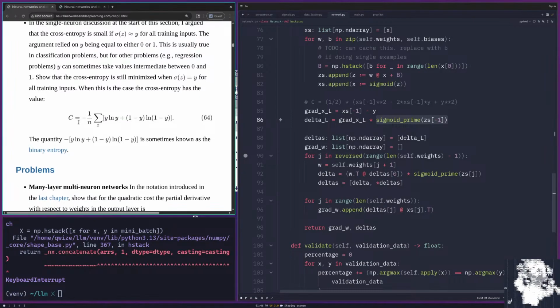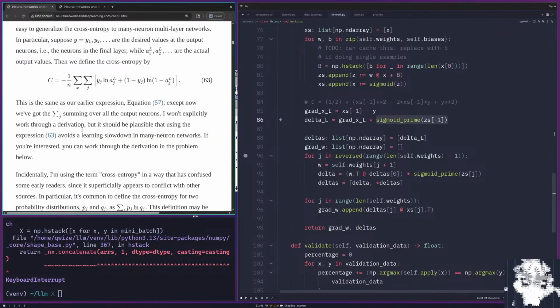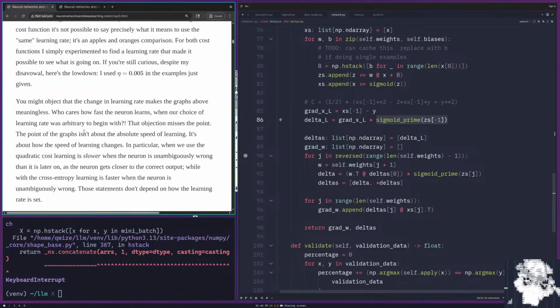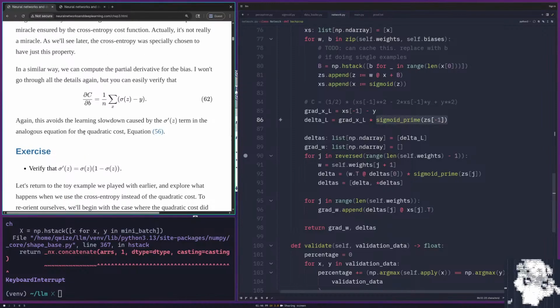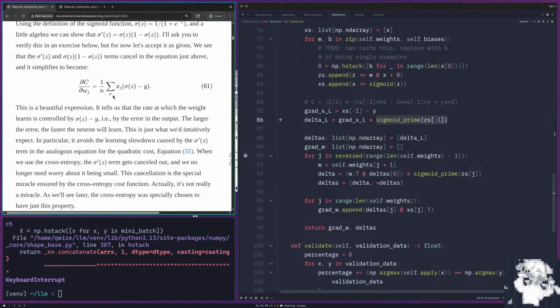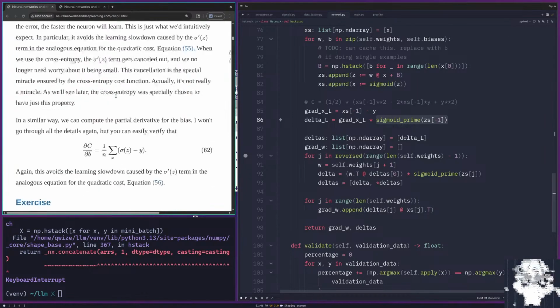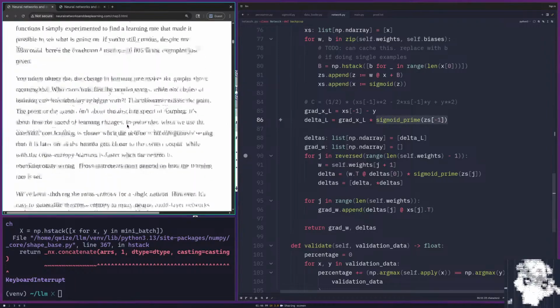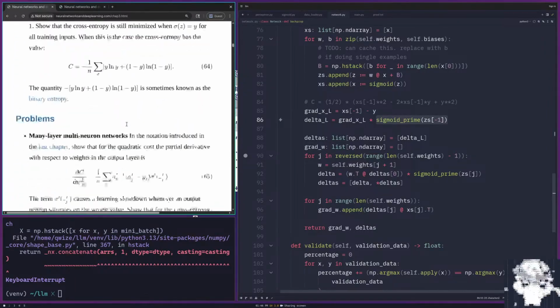Do we have an expression for the derivative of the cost function somewhere? Yeah, here. But it's just the same without the sigmoid prime.